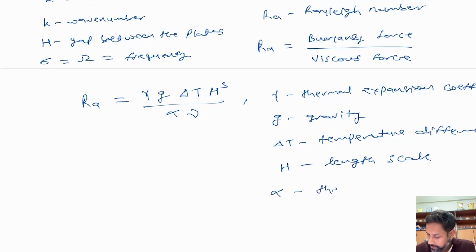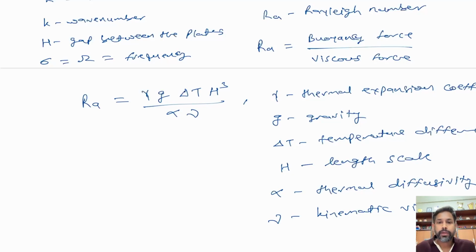Alpha is the thermal diffusivity and nu is the kinematic viscosity.